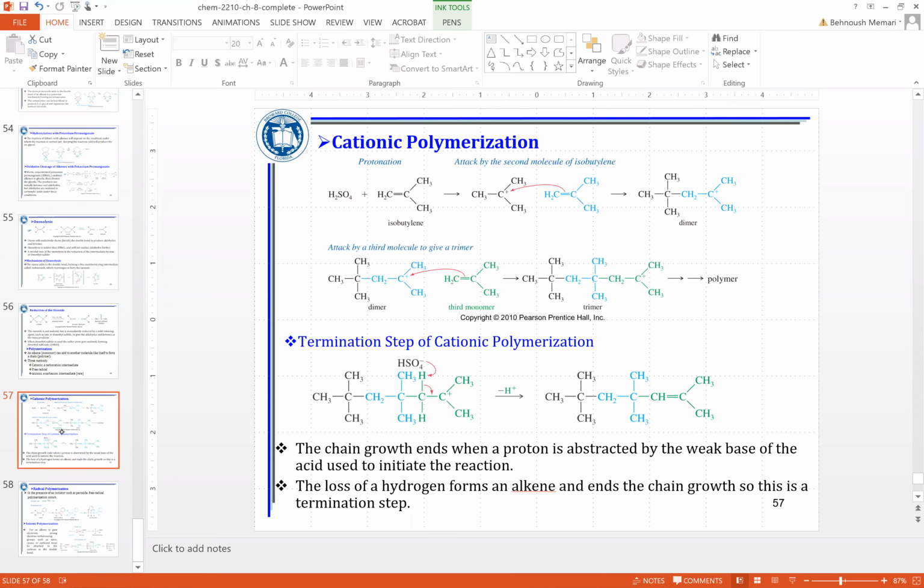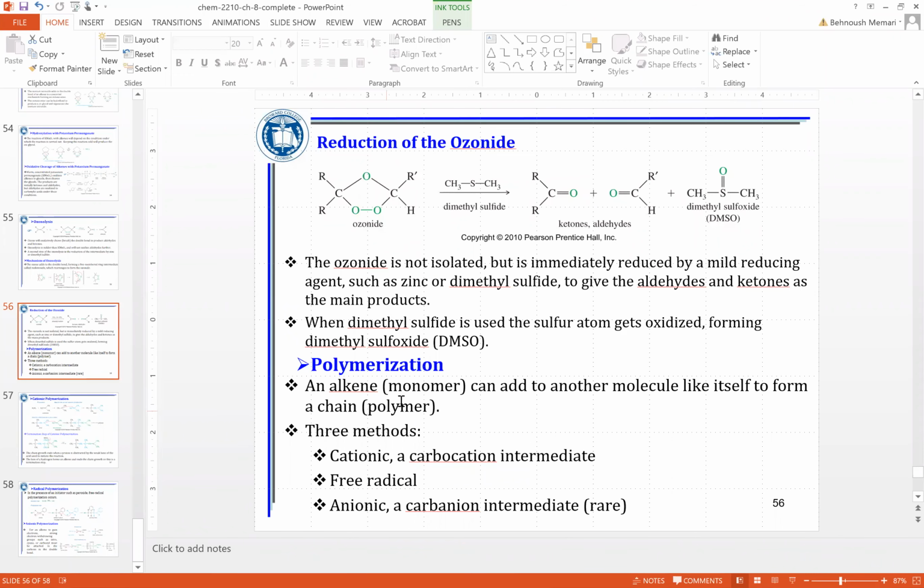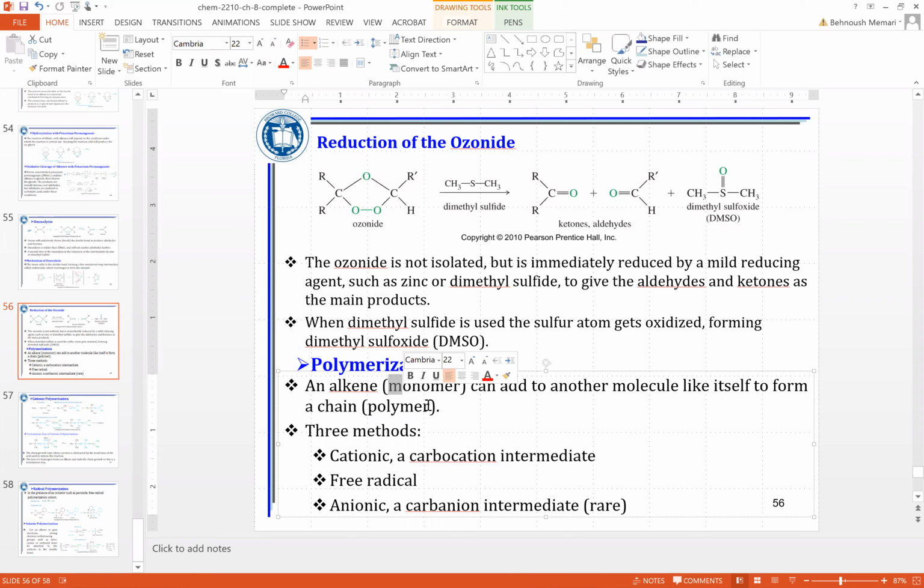The last reaction from alkene is the polymerization type reaction. In polymerization, your monomer is an alkene. Alkene acts as a monomer, and then generates a polymer.